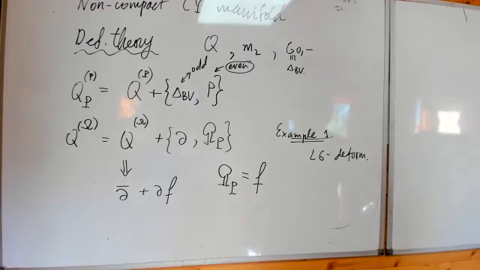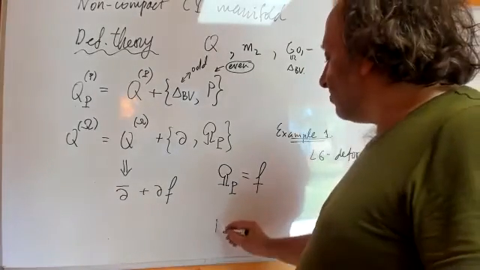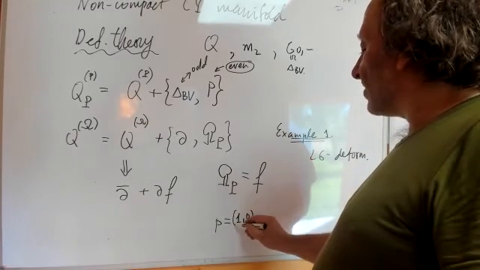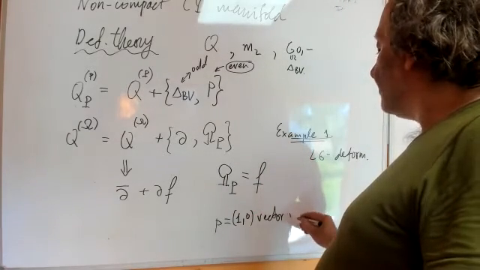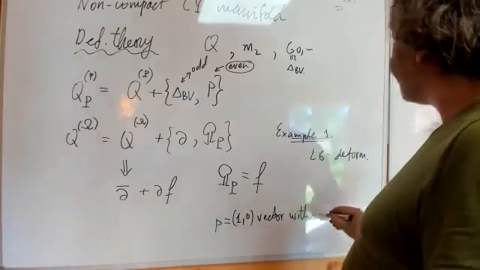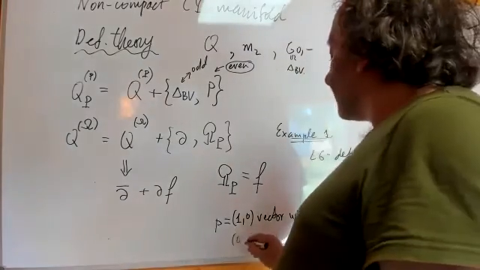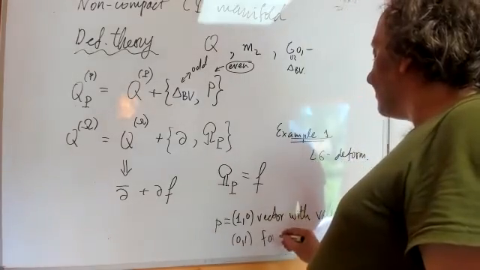Now consider another example. Suppose that P is a (1, 0) vector with values in (0, 1) forms.